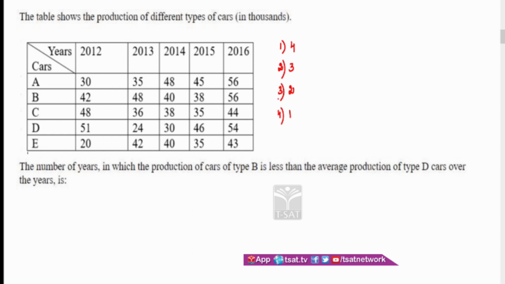Here is the same table again. The number of years in which the production of cards of type B is less than the average production of type D cards over the years. Find out the average production first. Now see here, it's 51, 24, 30, 46 and 54. For the average production, take 40 as your assumption.